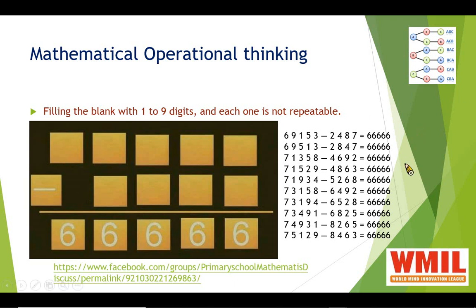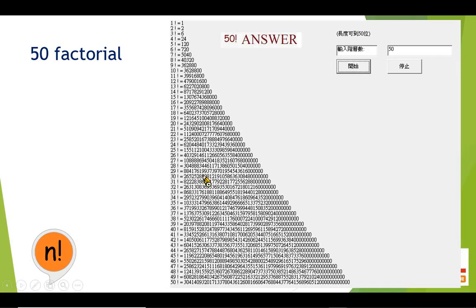On the right hand side, you can see there are 10 answers in total. But actually, it's not calculated by hand because it's not easy for a human to do this kind of job. We have to put it into the computer and let the computer find the answer. So that's the advantage of using the computer for operation.